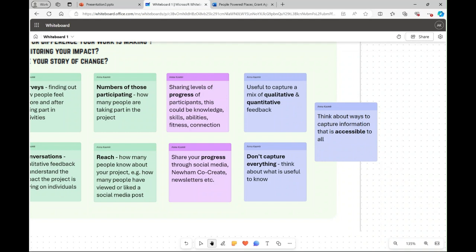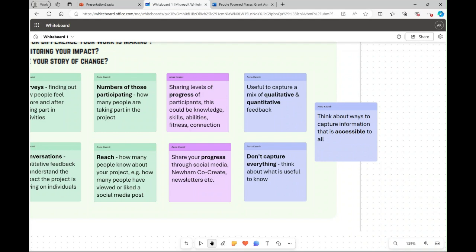I think it's also really important to not capture everything. Really think about what is useful to know. It is not useful to know everything, and by the end of it, everyone will be really fed up with the amount of surveys and questions that you have asked them.